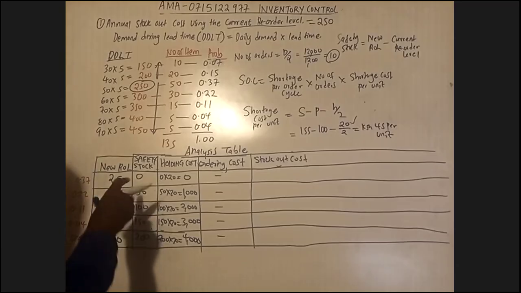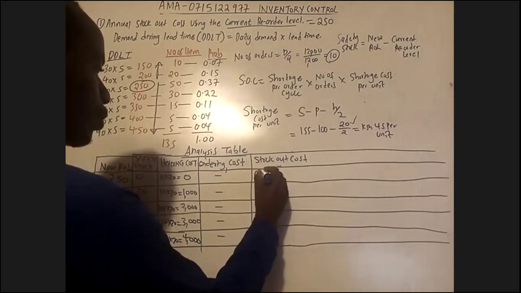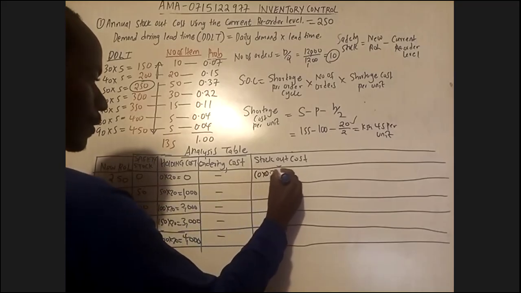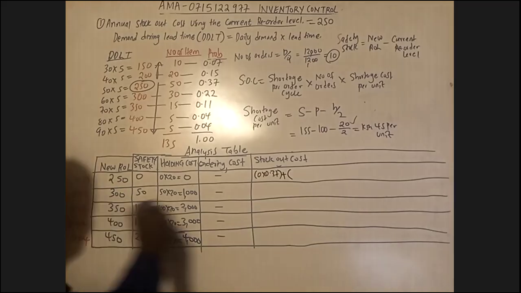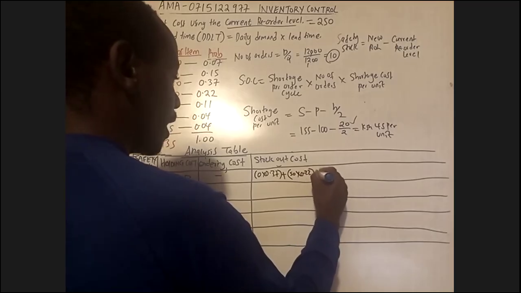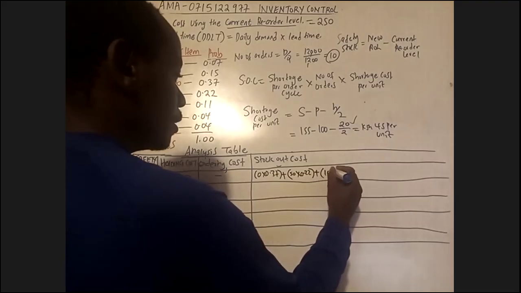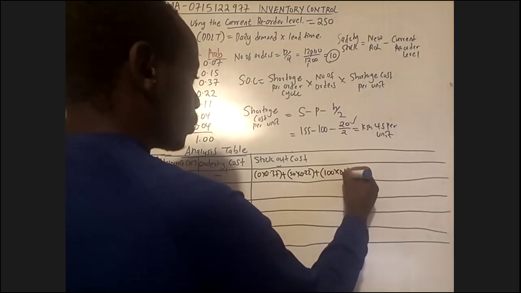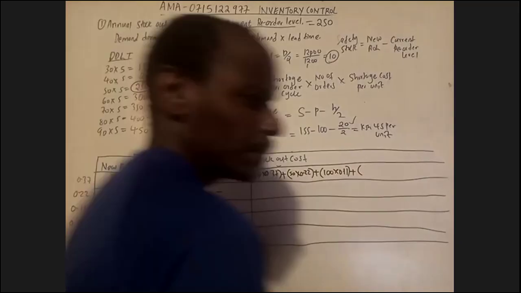Unaanza na hii ya kwanza, safety stock. Unasema 0 times our probability, which is 0.37 plus 50 times 0.22 plus 100 times probability yake ni ngapi? 0.11. Aha.